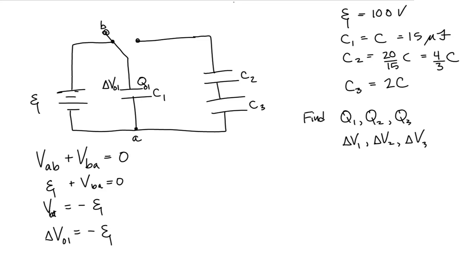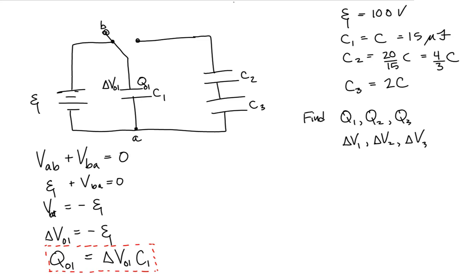We can use that to find the initial charge on our capacitor because we know the relationship: the initial charge on the capacitor is equal to the initial potential difference times the capacitance. I'm going to store this for later. That initial potential difference is 100 volts.